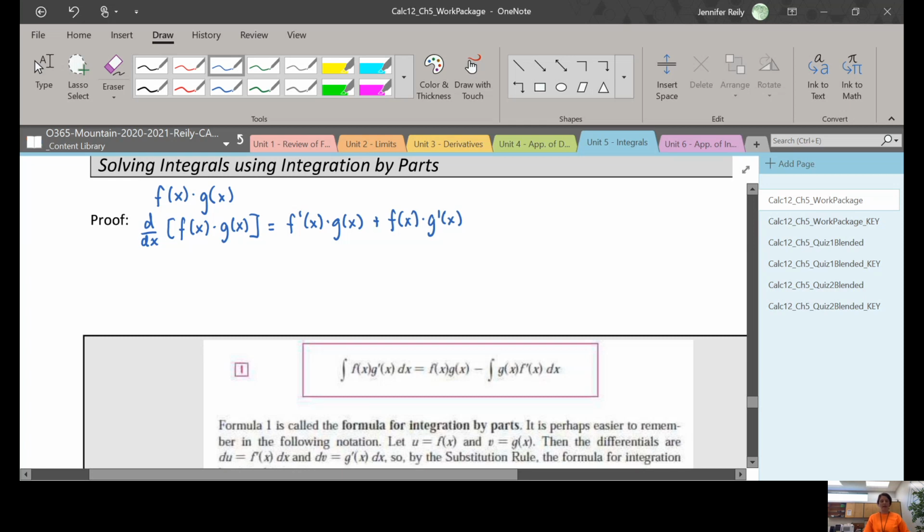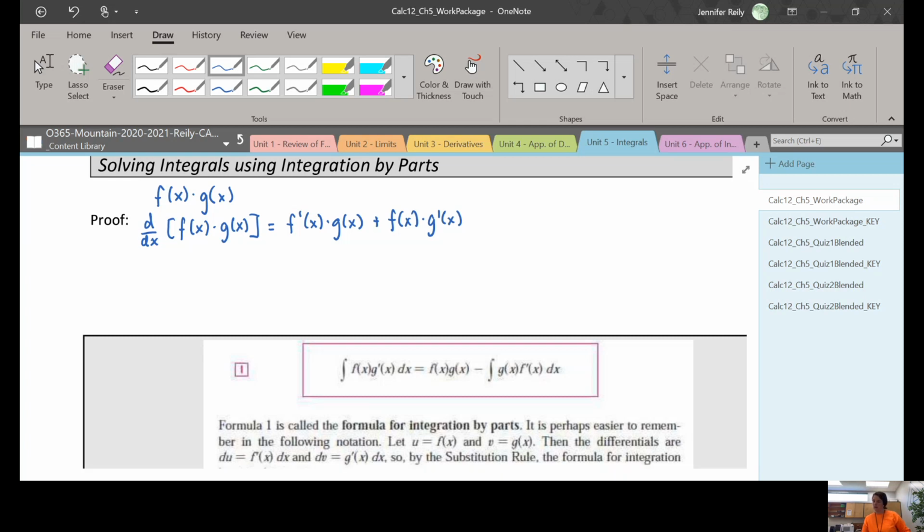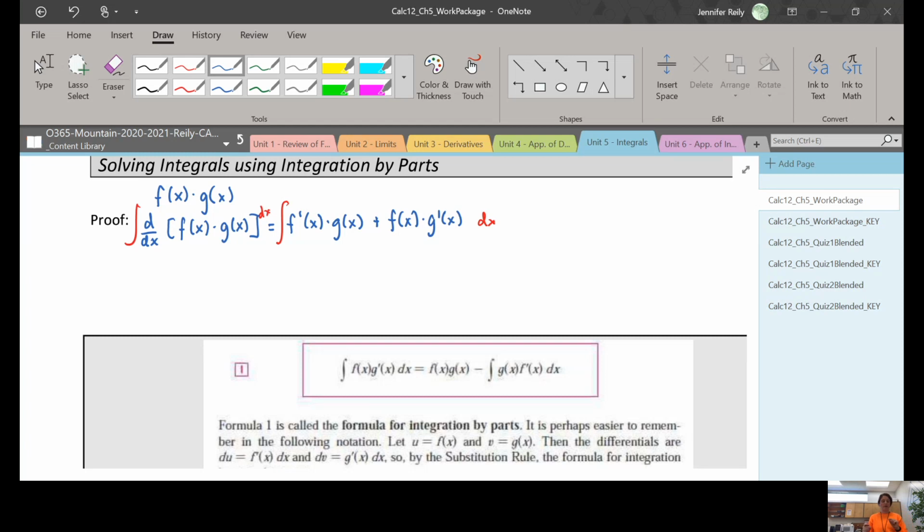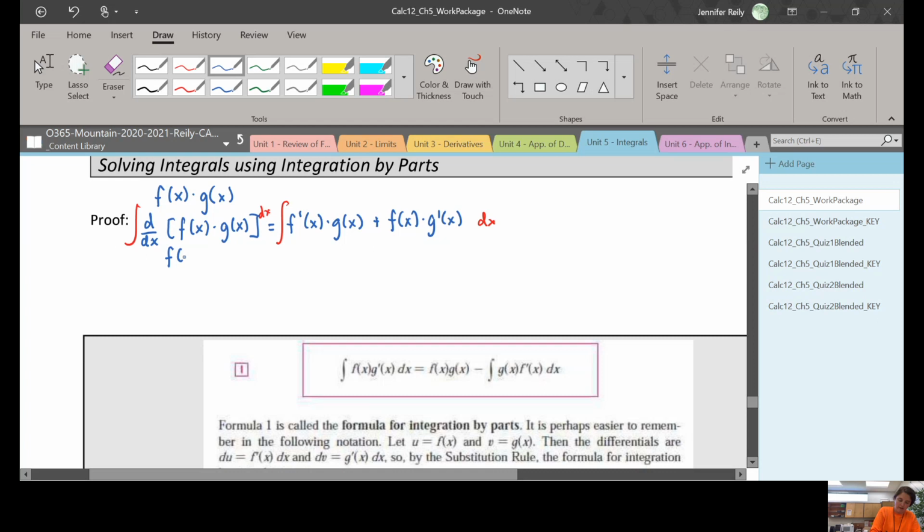And then now let's take the integral of both sides of this. I'll write dx here, dx. Okay, so remember integrals and derivatives are opposites, so they kind of cancel out on the left side. So we just have f of x times g of x. And on the right-hand side, you can separate those two terms.